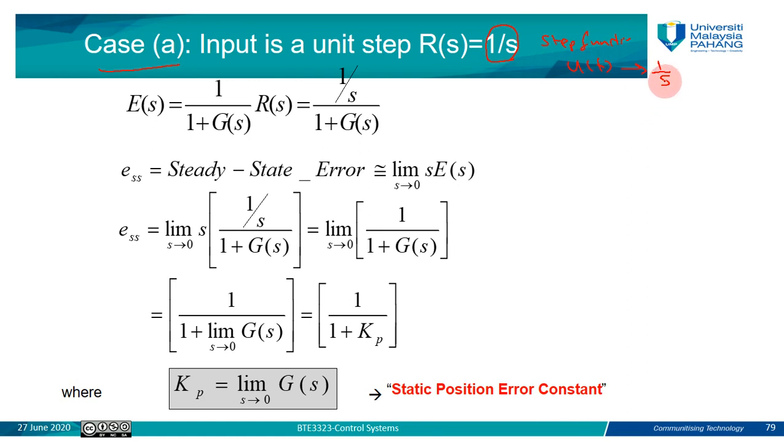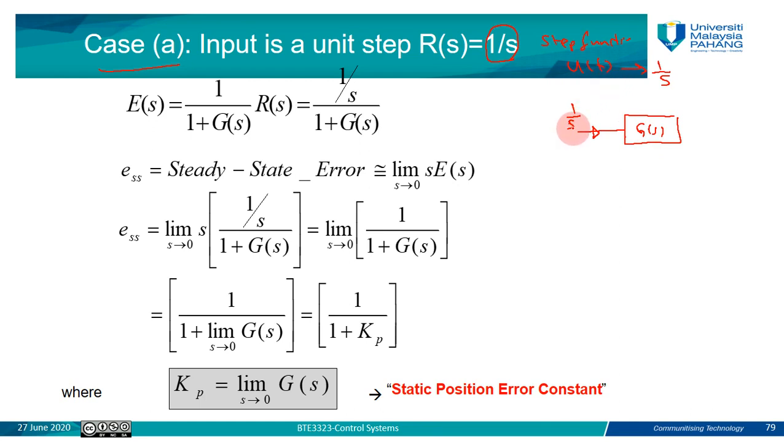Even though G(s) has its own poles, which generate the natural response, we also apply 1 over s to the input, so we increase the number of poles by 1. I don't know how many poles there are in G(s); this depends on the type of the system. But if I use the step function, I increase the number of poles by 1.